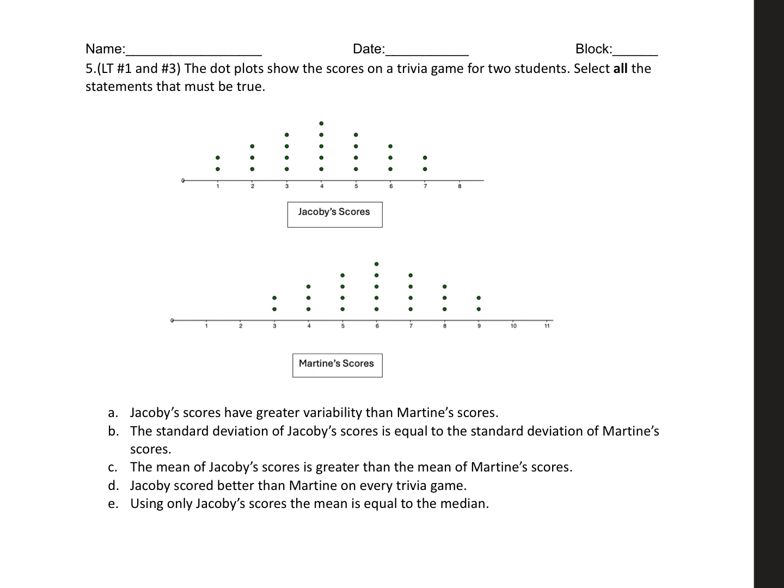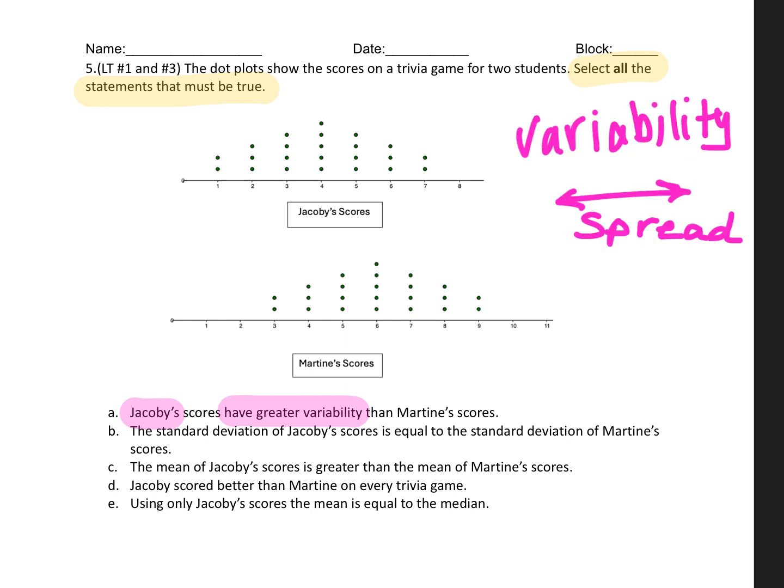For number 5, it says select all the statements that must be true. So we're going to start with A. And A says Jacobi scores have greater variability. So again, remember variability indicates spread.